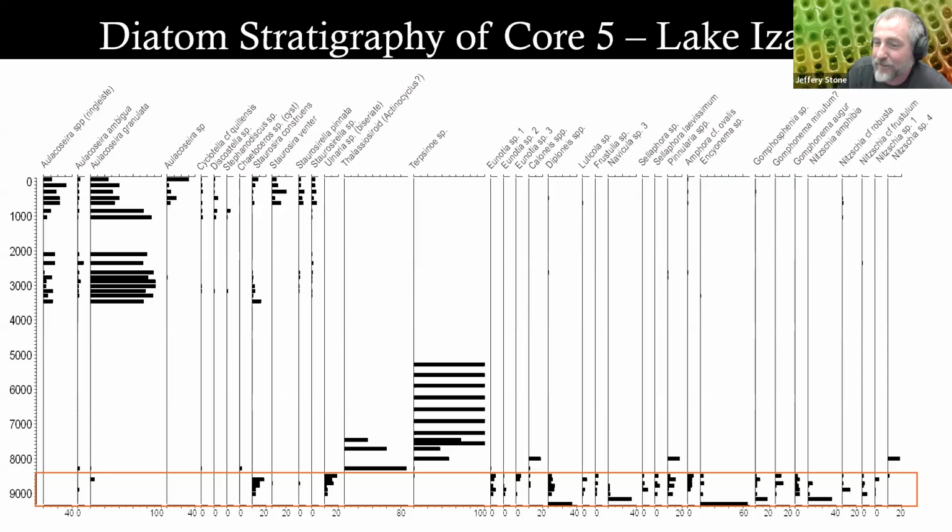We don't really see much plankton at all. It's dominated by benthic species. And many of these genera are things that we usually find coupled together in dystrophic or bog-like settings where we have elevated, more acidic conditions.